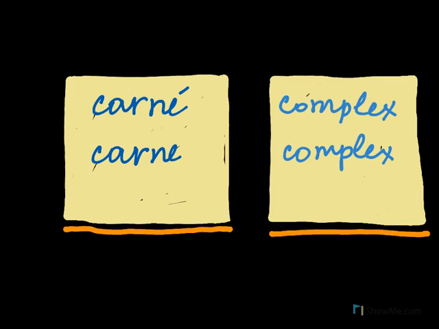So in Spanish, you have two words, carné and carne. El carné is the ID card. Carne is the meat. One of them is masculine, one of them is feminine. El carné, la carne.